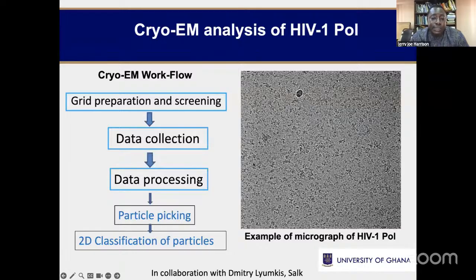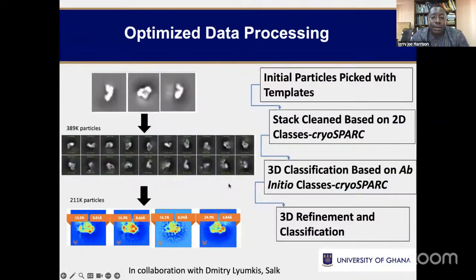And then again, we had to go through the pipeline of data collection, processing, particle picking, 2D classification, and 3D. This was an iterative process where you pick particles, do a classification, and then eventually we created templates from there, and I used the templates to pick more particles and repeated the classifications to make sure that in the end we have high quality particles that we could use for 3D refinement and classification.